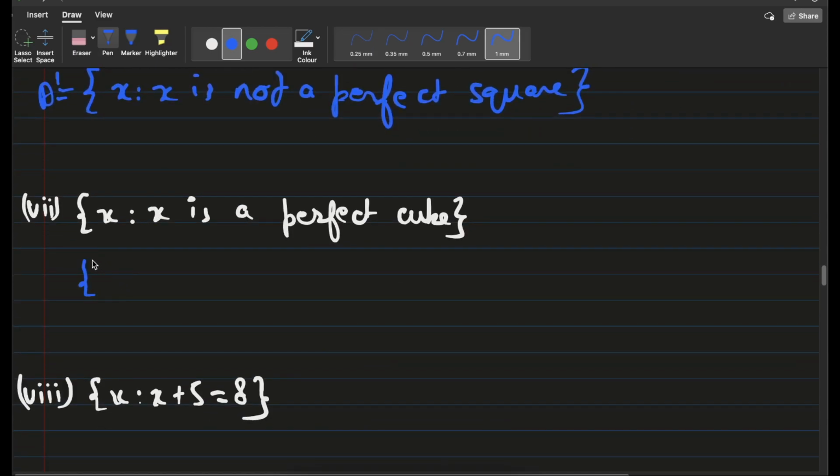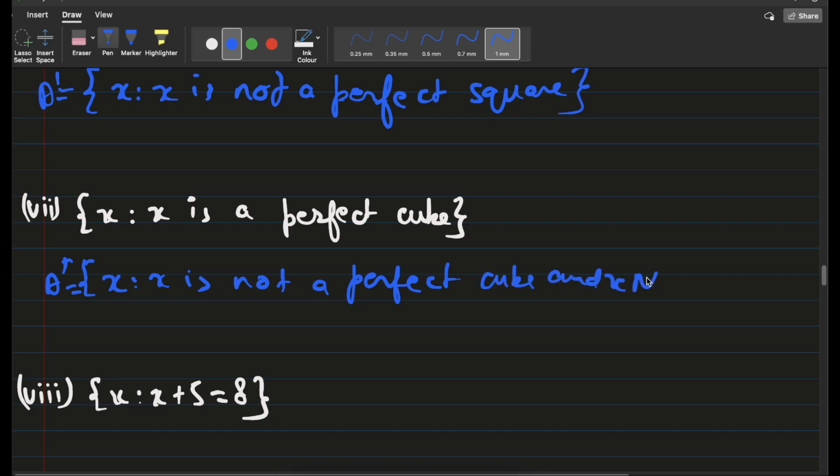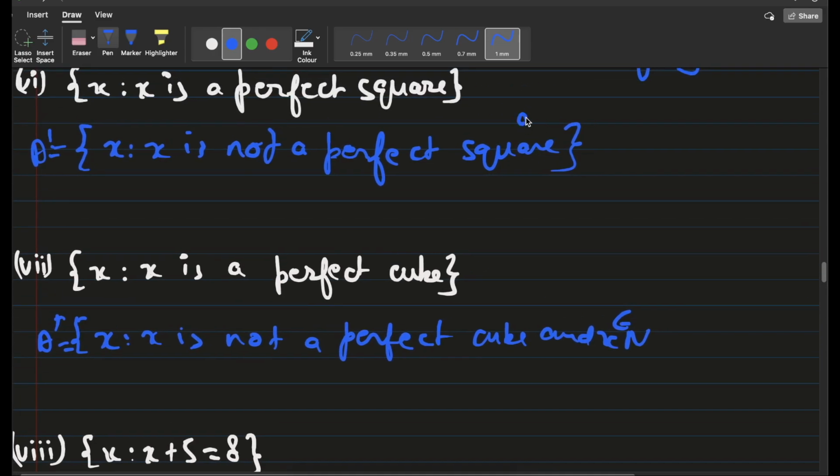In a similar way, the next question is also like this. A complement would be x such that x is not a perfect cube, but it should be a natural number and x belongs to natural number. In the same way here also, x belongs to natural number.